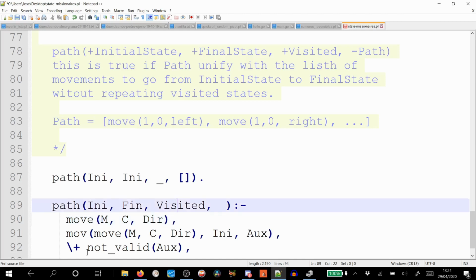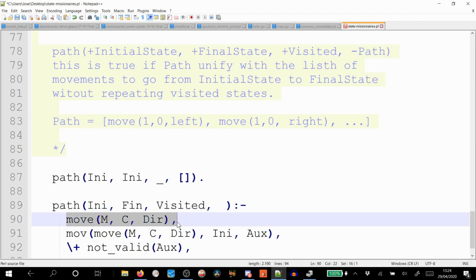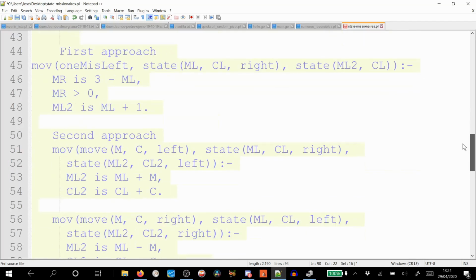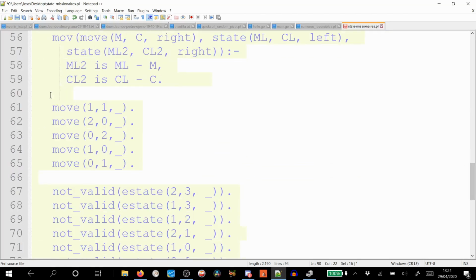Why do we put that here? Because in this way, Prolog is only going to check these options right here, not all the options. We're only going to check these options here: 1, 1, 2, 0, 0, 2, 1, 0, and 0, 1.